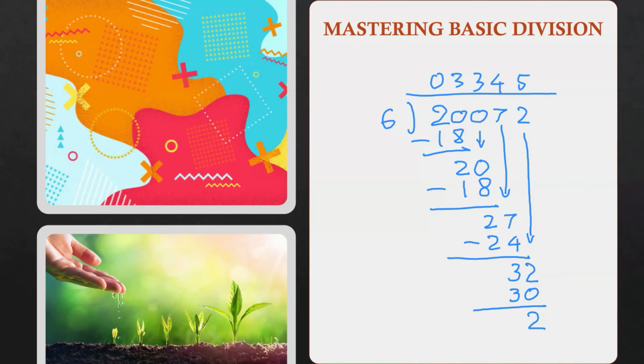Okay, now at this point, you divide into decimal. So you convert the 2 units into 20 tenths. So you add a 0, then you have to add a dot. And now we go to the position tenths. So 6 goes into 20 tenths, you get 3 times. 3 times 6 is 18. You subtract and you get a 2.